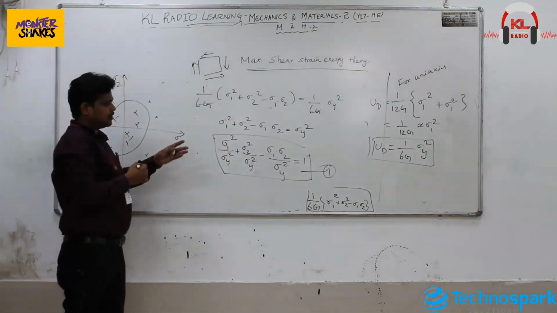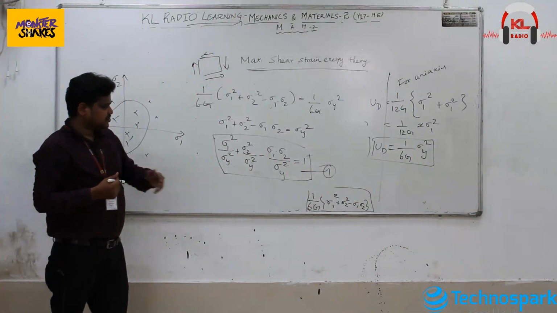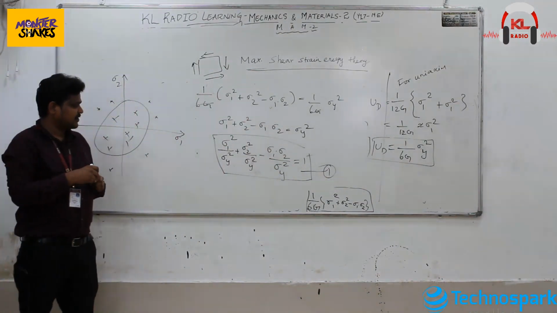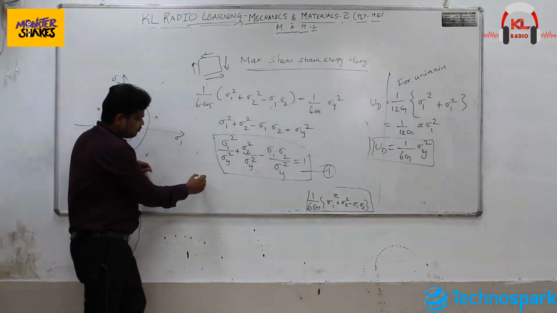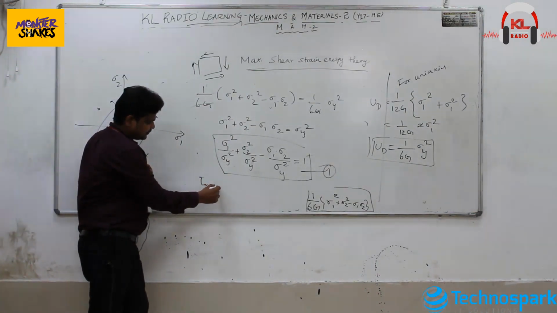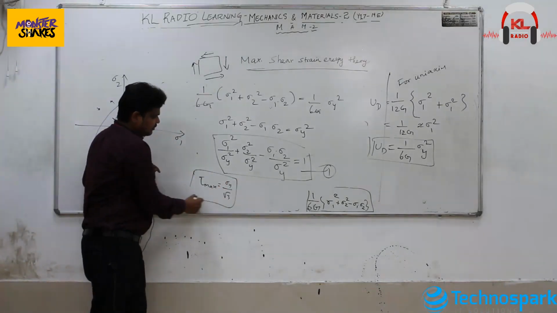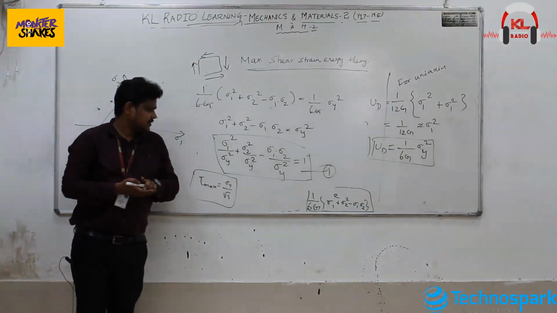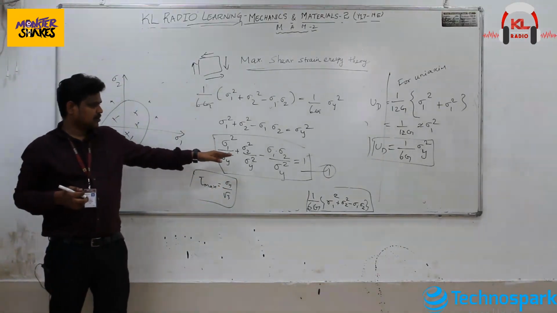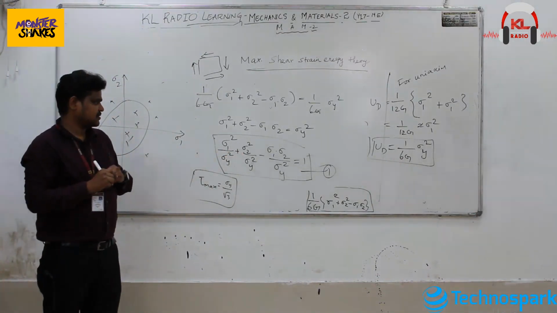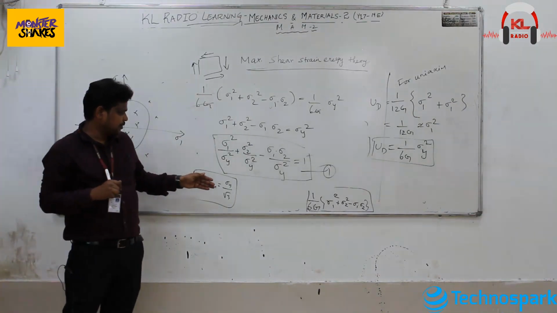As per von Mises stress theory, based on this equation which we developed, it will reduce to tau max equal to sigma y by root 3. For the pure shear case, sigma 1 will be equal to tau and sigma 2 will be equal to minus tau. Those who understand principal stresses very clearly may know this; I'm not going deep into that.